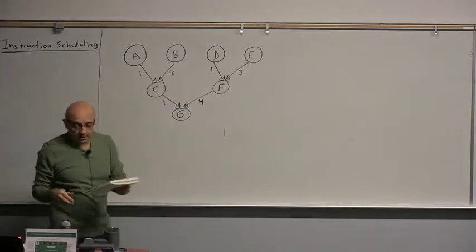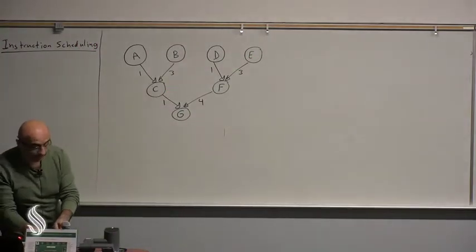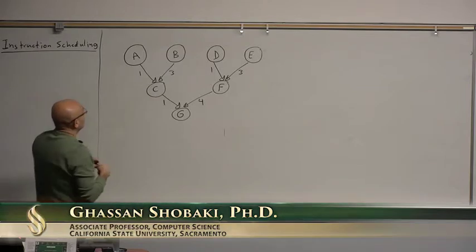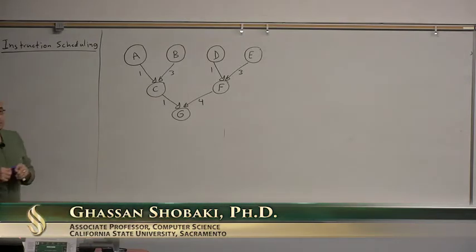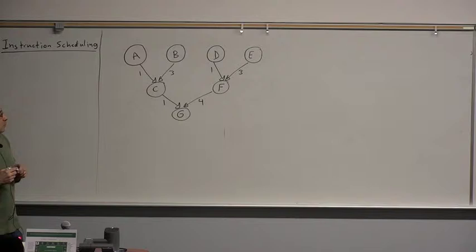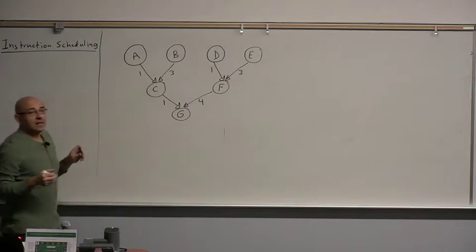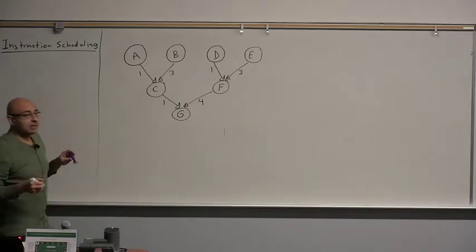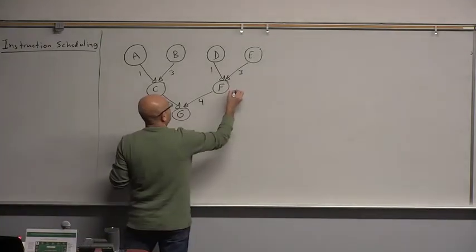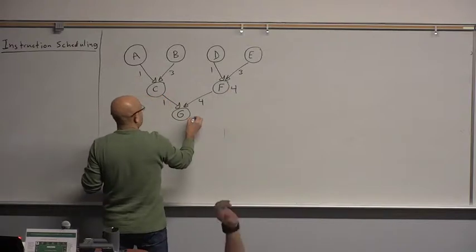So this is the data dependence graph. Last time we computed for each instruction in the graph what we call the critical path distance. So the critical path for this is 4. In fact, for this it's 0.